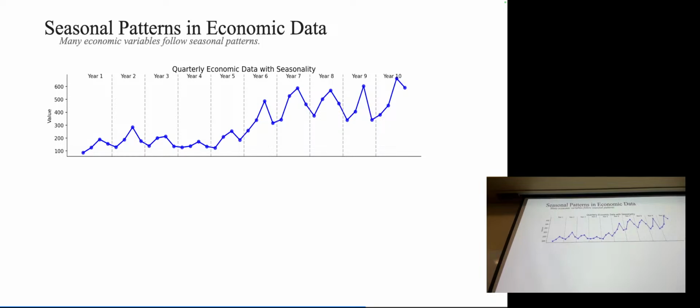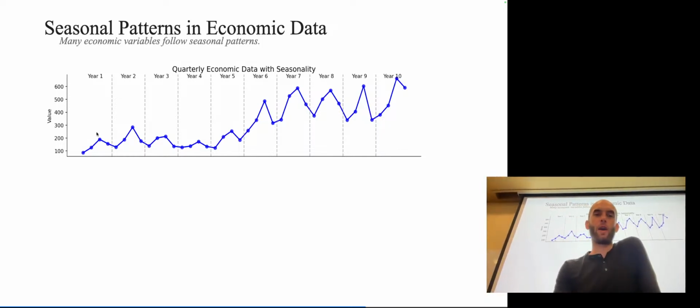We see cyclic patterns in so many things. We buy holiday cards in December, when I've just never thought about doing it in March. So we see lots of patterns like this where, depending on the quarter, we see higher or lower values.